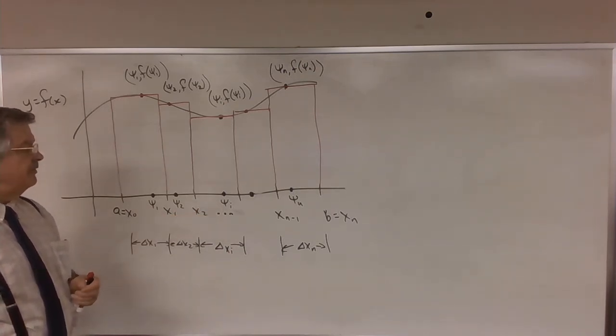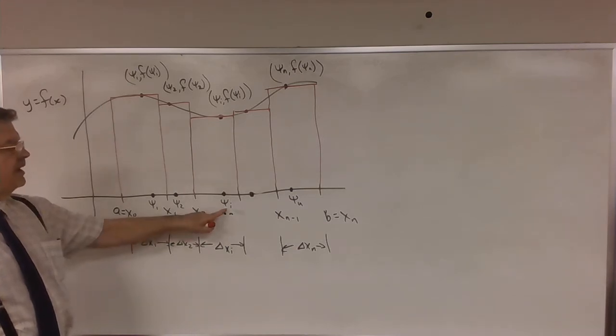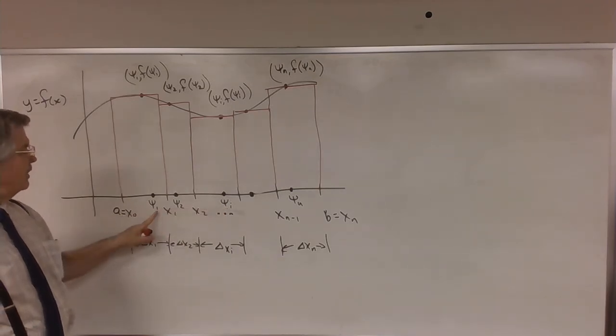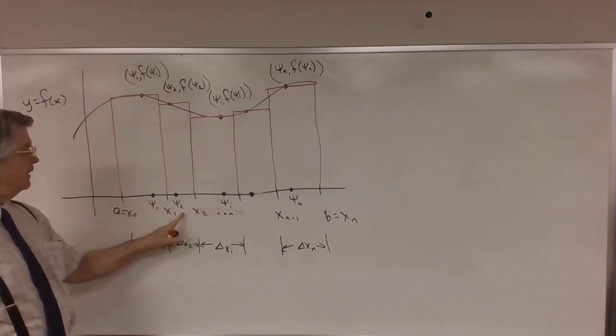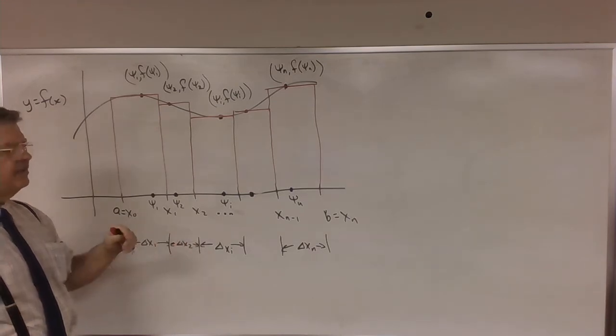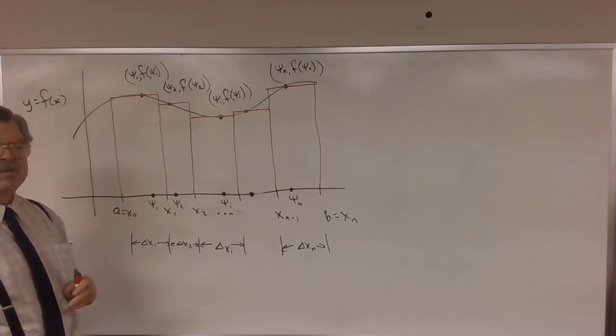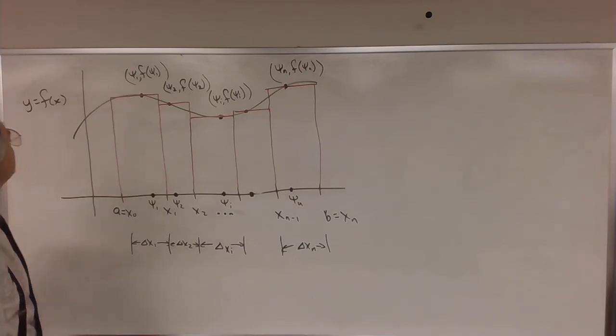The only restriction was that psi sub i, whatever it was, had to be in the ith subinterval. Psi sub 1 had to be in the first subinterval, psi sub 2 had to be in the second subinterval. Other than that, the values of psi 1, psi 2, psi 3, and so forth were very randomly and whimsically selected.